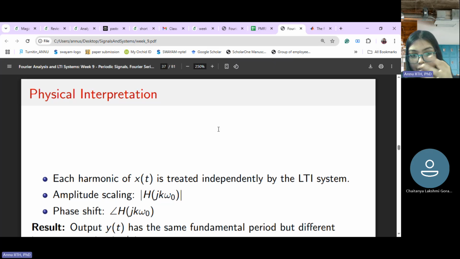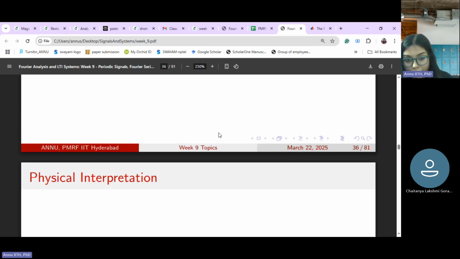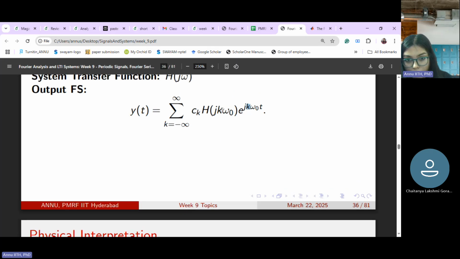Physically, what is the interpretation? Imagine a system with an input, an output, and the simplest response. Each harmonic of x(t) is treated independently by the LTI system, where the amplitude scaling happens through the magnitude of H(j k omega naught), because c_k is multiplied by H(j k omega naught). The amplitude scaling is by the magnitude of H(j k omega naught), and the phase shift is the phase of H(j k omega naught).